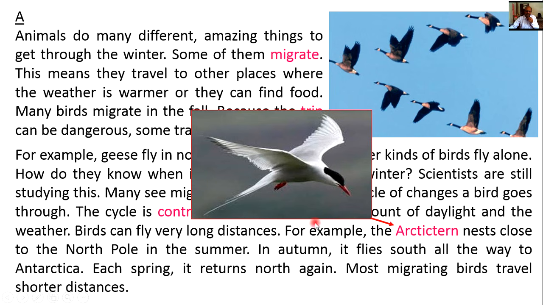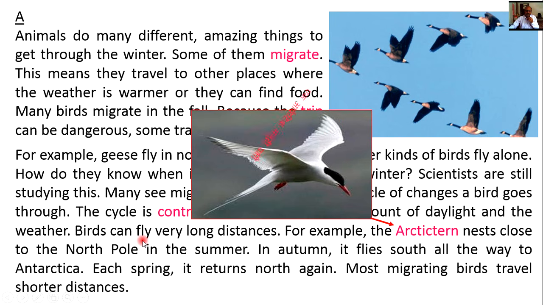Arctic tern nests close to the North Pole in the summer, in autumn. It flies south all the way to Antarctica. Each spring, it returns north again. Most migrating birds travel shorter distances.